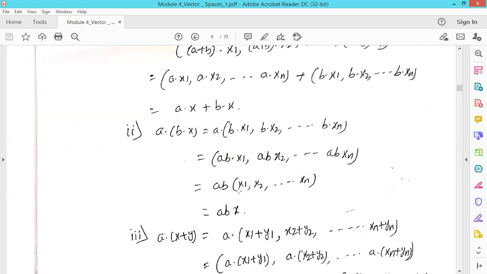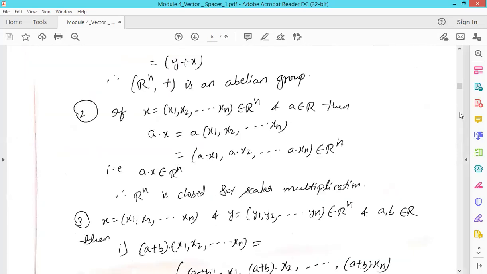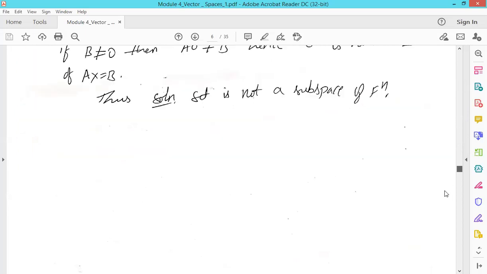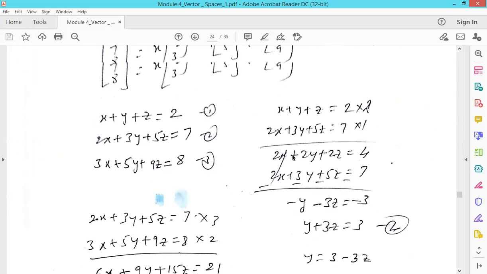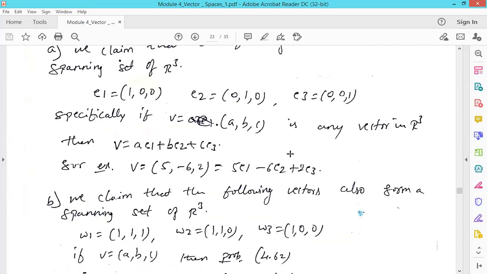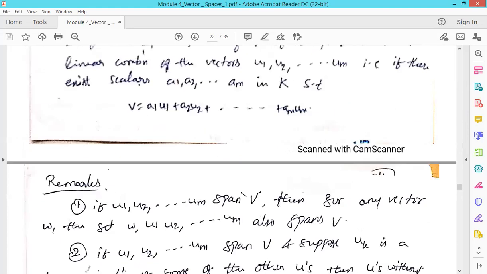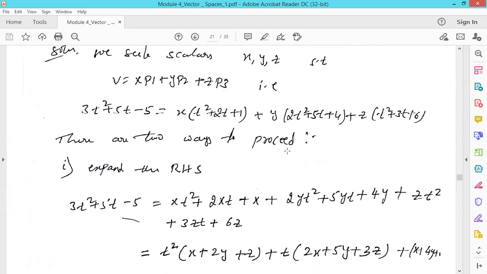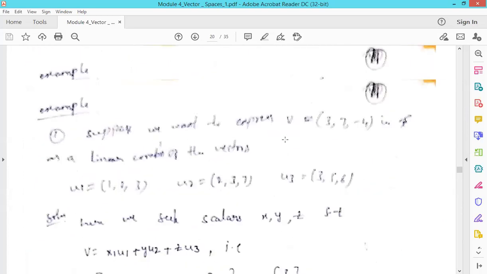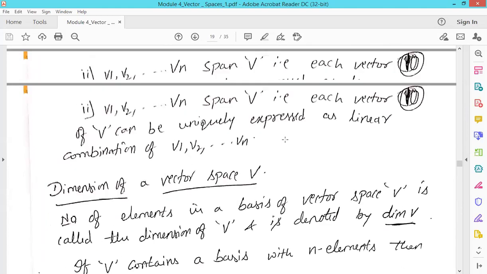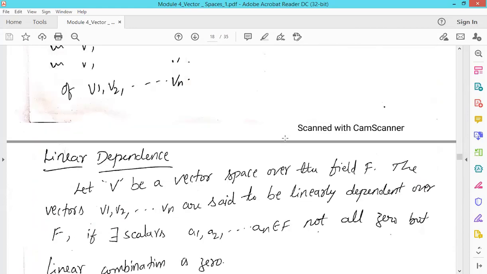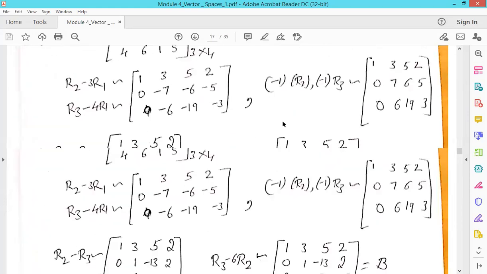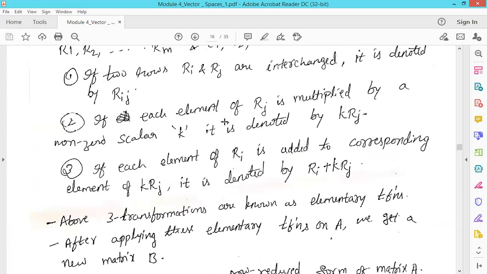Yes, here you can see we have discussed 3 transformations.